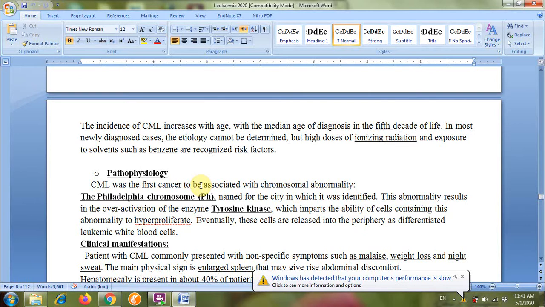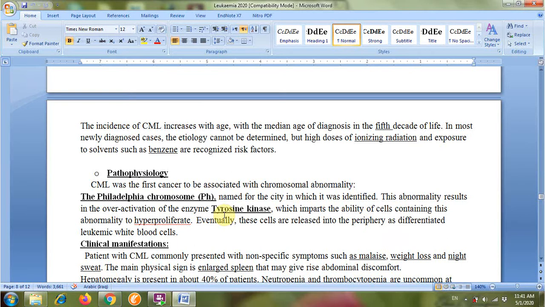These cells will have high activity of tyrosine kinase because of this production of these excess proteins من الabnormal Philadelphia chromosome. حيتم excess activation of tyrosine kinase.